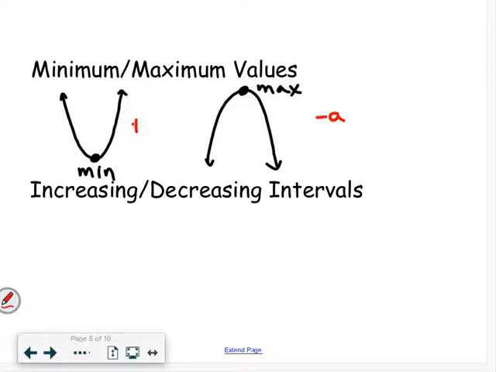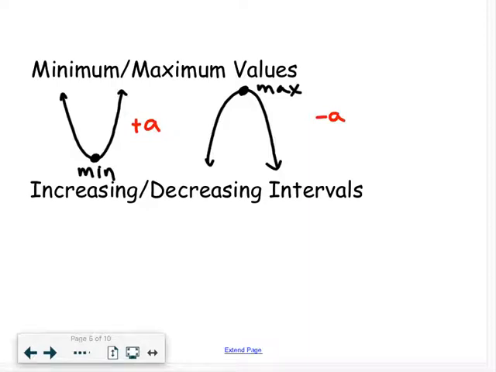If you have a positive A, you're going to have a minimum. So just by looking at the equation, if I see that it has a positive A, before I even graph it, I know its vertex is a minimum. If I see it has a negative A, its vertex has a maximum.